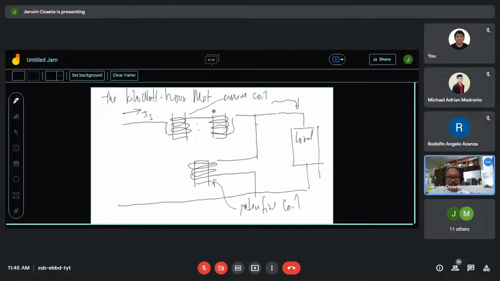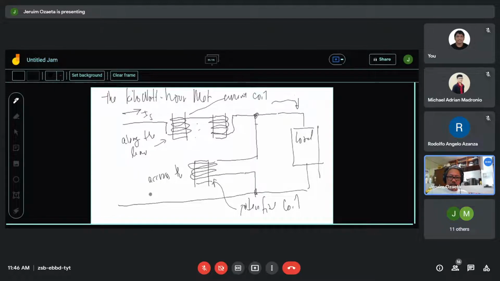That is due to the flow of current in this coil and due to the flow of current in this potential coil. Take note, this is a potential coil because it is connected across the line. This is a current coil because it is connected along the line. Take note of the difference. The current coil is along the line.